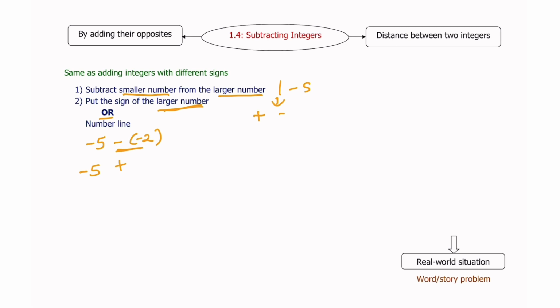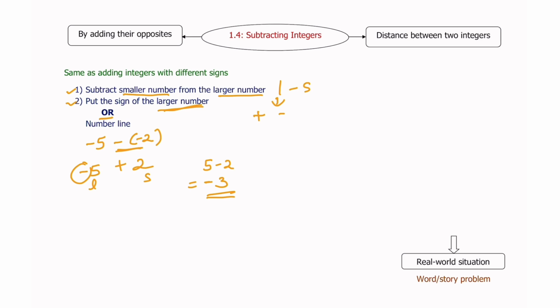There are two minuses that makes it plus 2. As per the rule, the first step is you subtract smaller from the larger. This is your larger number, that's your smaller number. So we do 5 minus 2, which is 3. And the second step says put the sign of the larger number, which is negative here. So that's the answer. That's how you solve this.